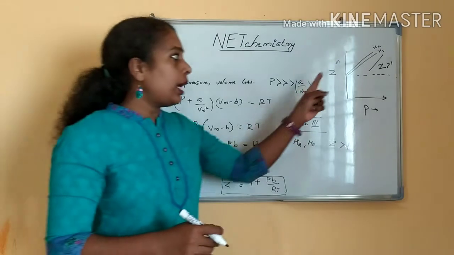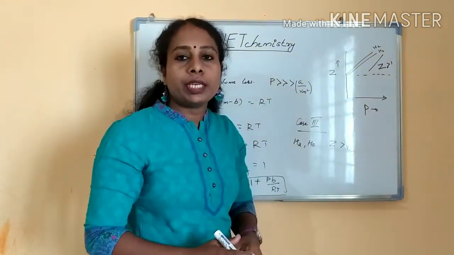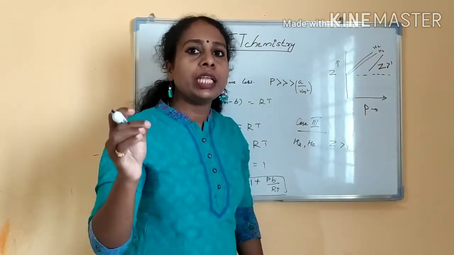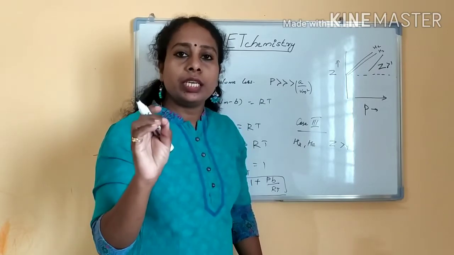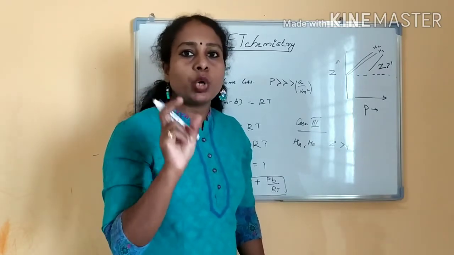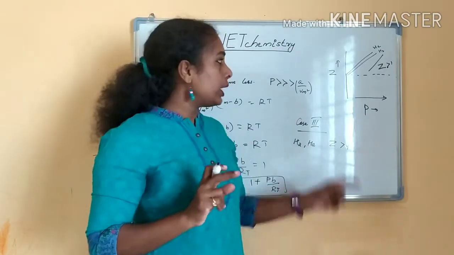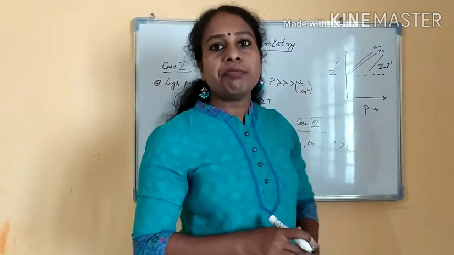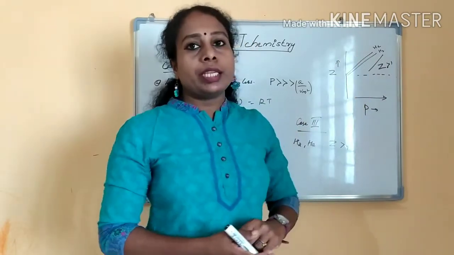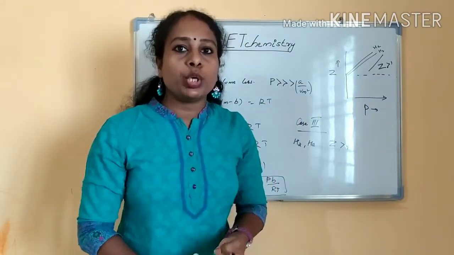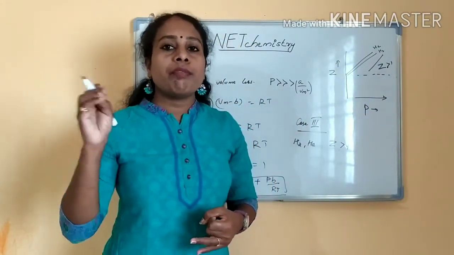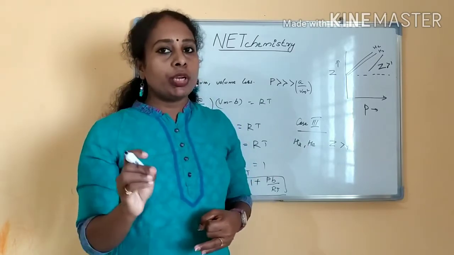This will explain the same as case 2, okay. What will happen? At a high pressure, volume will be very less, and if you are taking hydrogen and helium, it is a very small size, right? Hydrogen and helium, that size itself is very small. That is why Z is always greater than 1. And a and b are very important values we will be using everywhere, where a is the intermolecular forces.